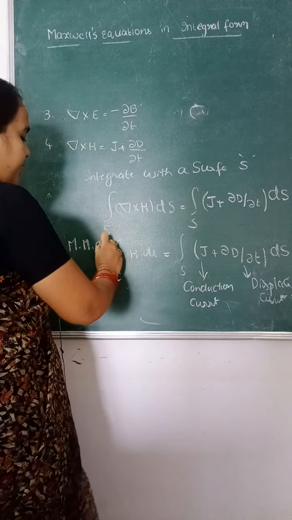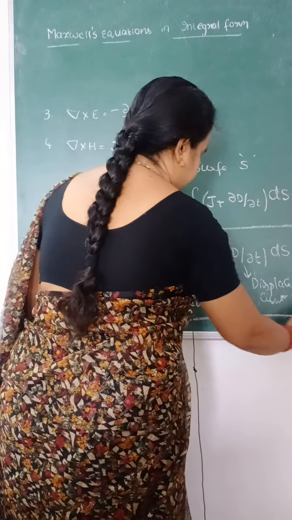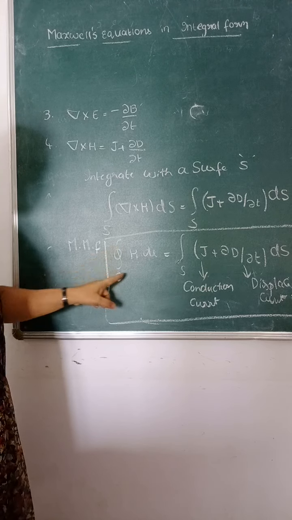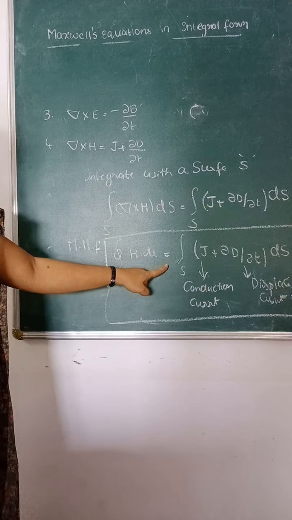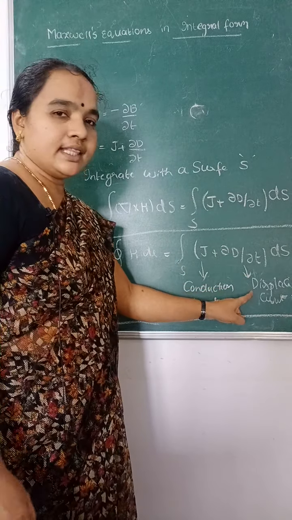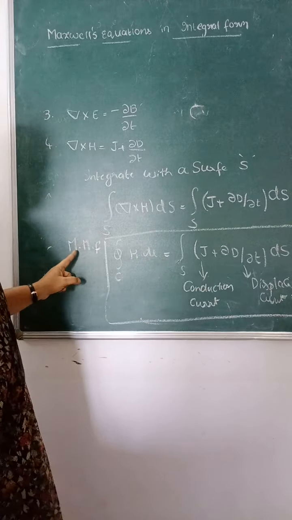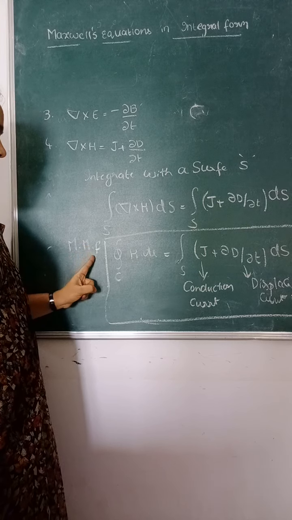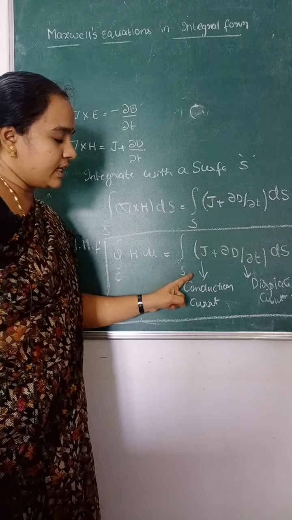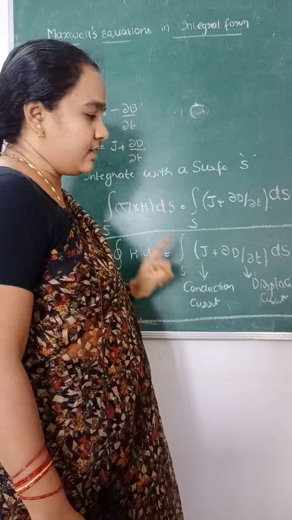So we will define the fourth Maxwell's equation in integral form as: the magnetomotive force around any closed path is equal to the sum of the conduction current and the displacement current over the closed surface S.